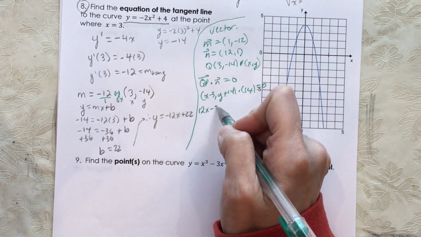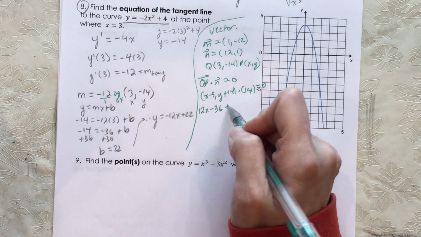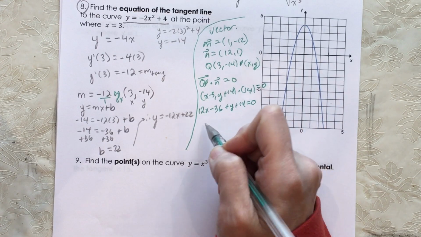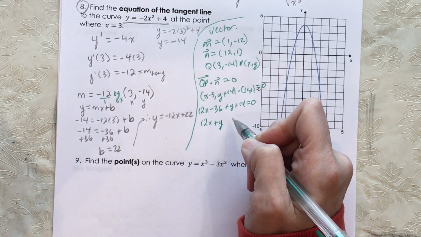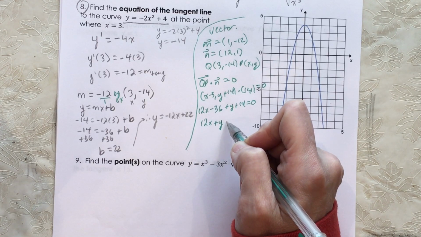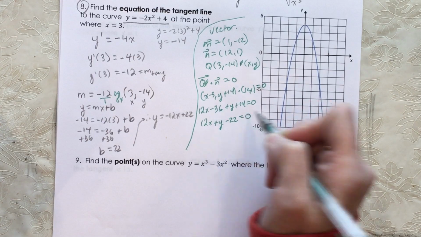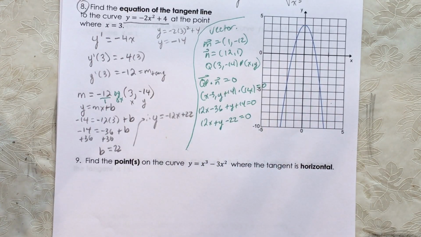12x minus 36 plus y plus 14 equals 0 gives us 12x plus y minus 22 equals 0. But if we rearranged it into the form y equals mx plus b, we would definitely get y equals negative 12x plus 22.